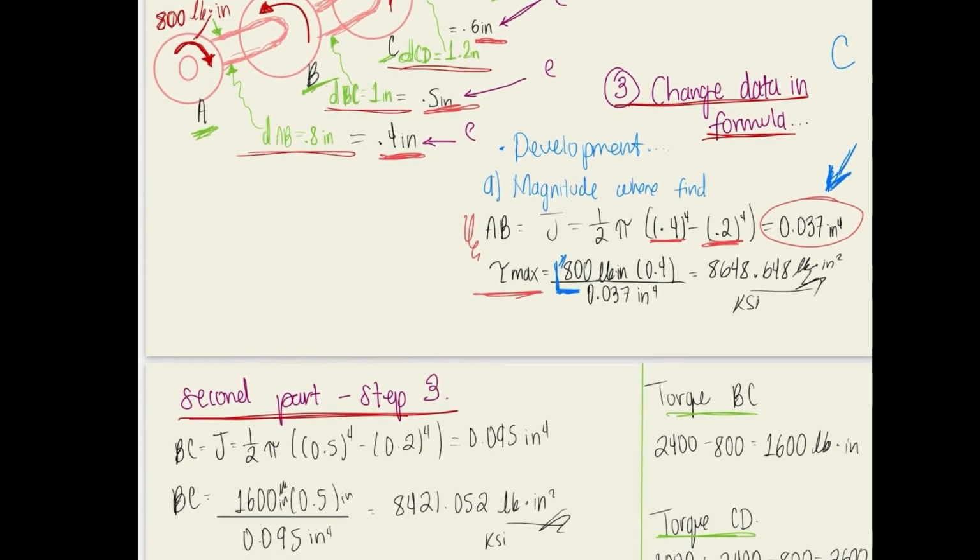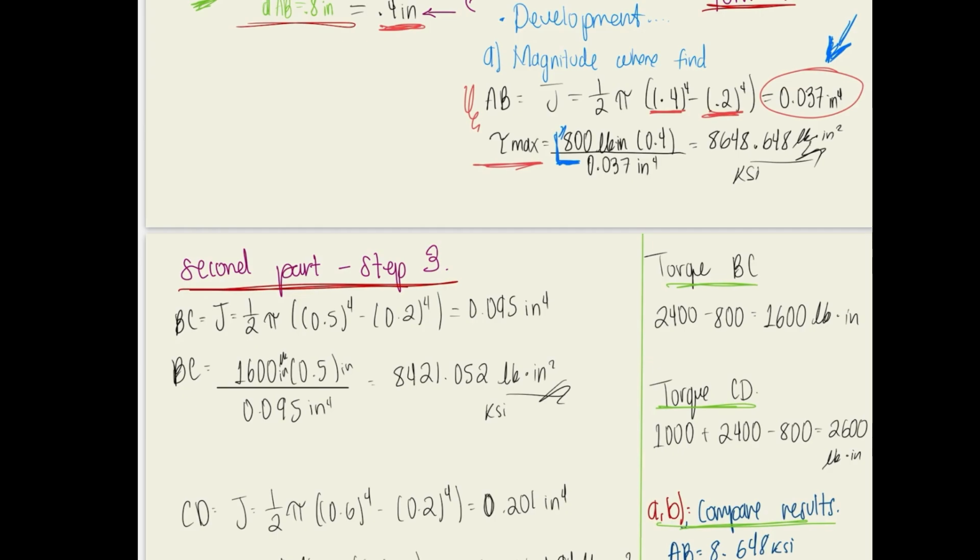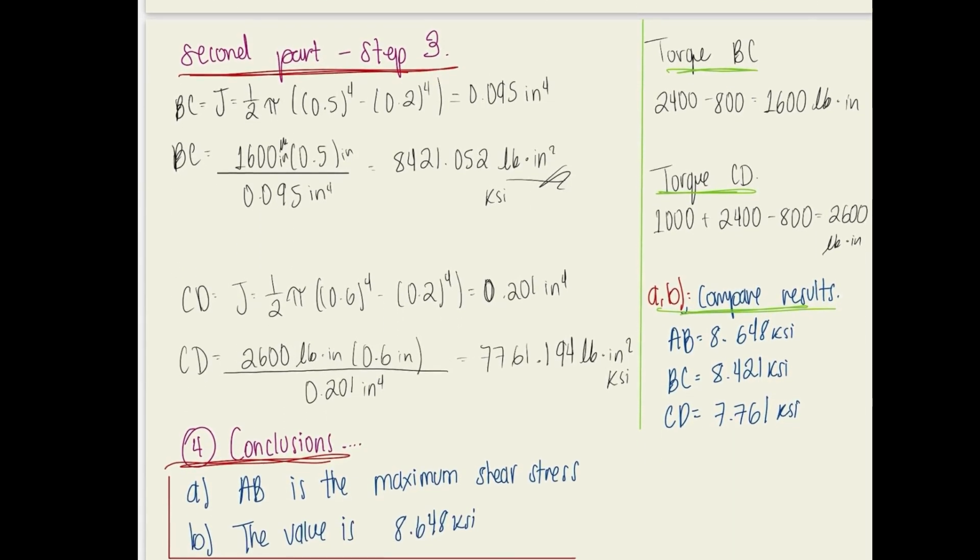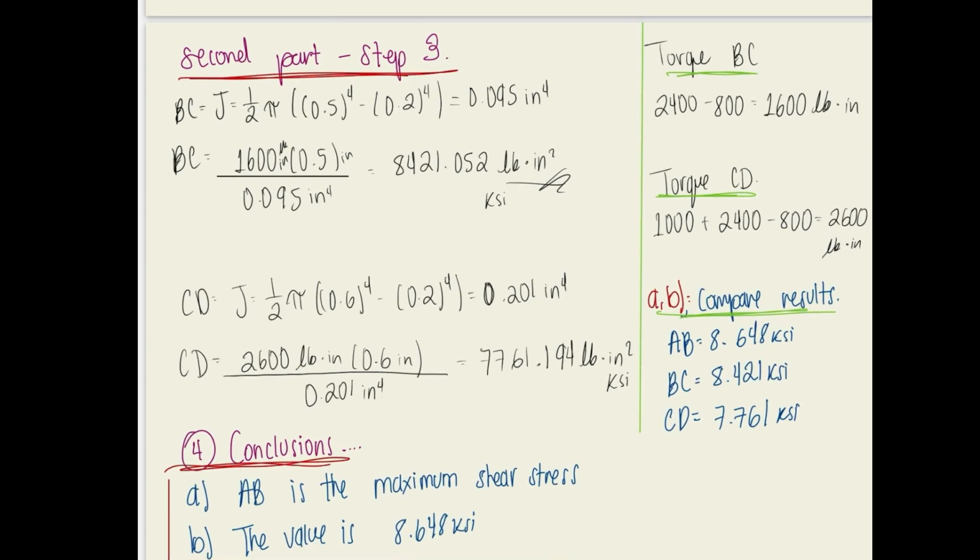Then we continue with step number 3, that is to change the data for the radii. As you can notice, it's exterior radius, again interior radius, and this gives us a result of 0.095 inches to the fourth power. BC is also the same.